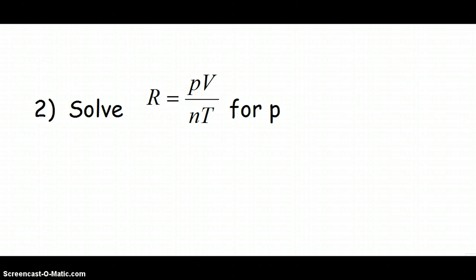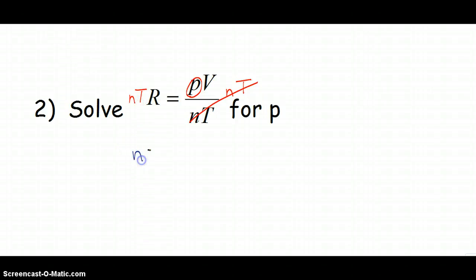The next one, solve R equals P times V divided by NT, and we want to solve for P. Well, who's in the way? V is in the way and NT is in the way. So the first thing I'm going to do is multiply both sides by n times t. Make sure that you put it in the numerator so you can cancel it out.